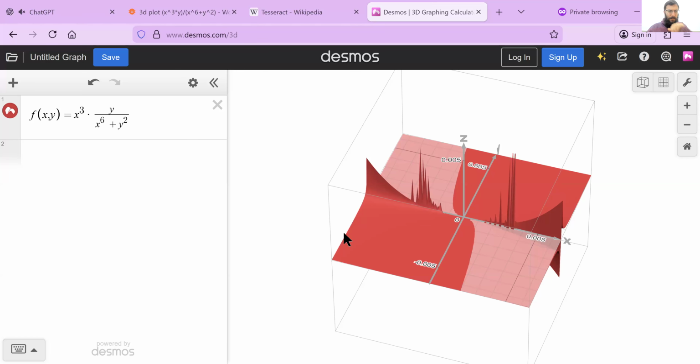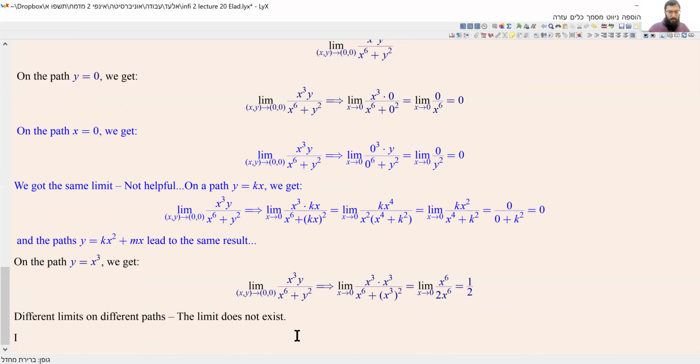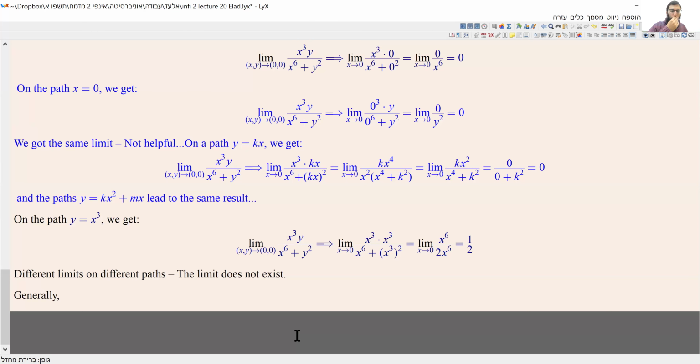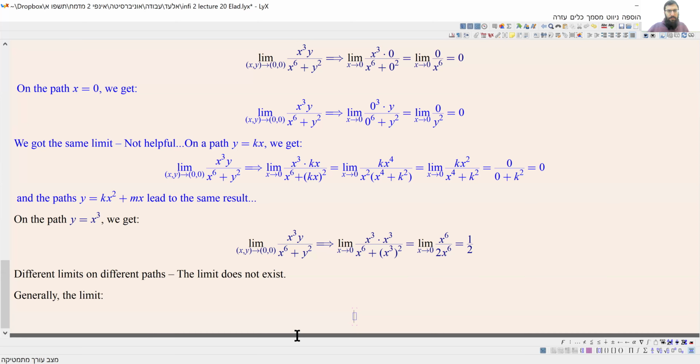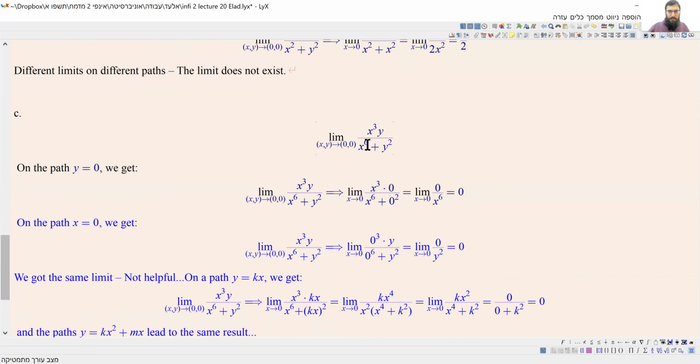Okay. Now, technically speaking, generally, then move on to how we show regularizability. Generally, the limit, let's do something else.